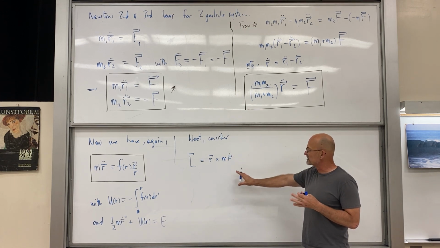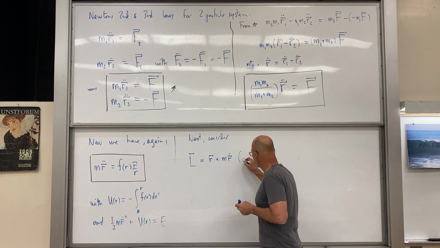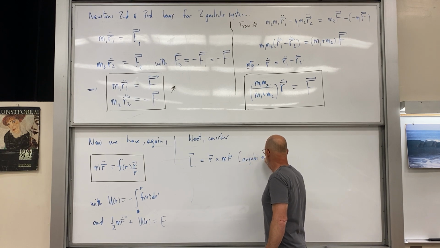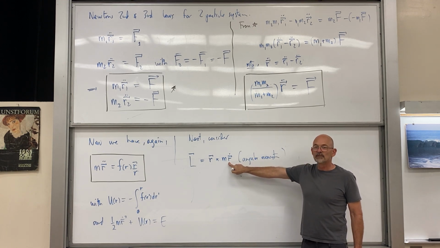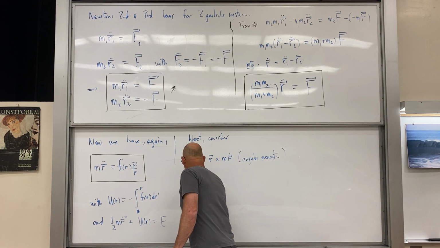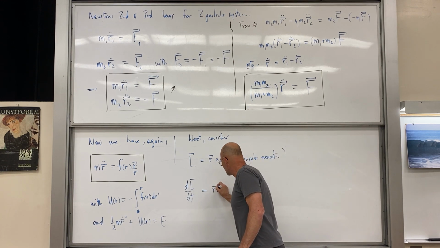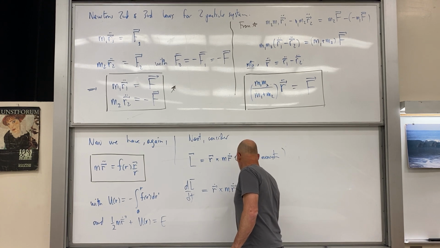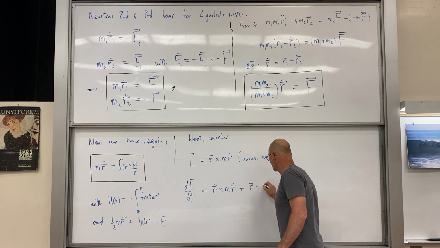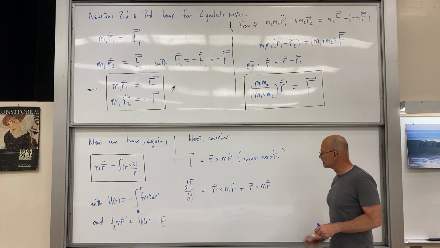So right now I'm just introducing it as I can, but I'll say that it's the angular momentum. What we do now is take the time derivative of this, dL/dt, and we just have a product rule, so that's r dot cross m r dot plus r cross m r second derivative, right? We just took the time derivative with the product rule.